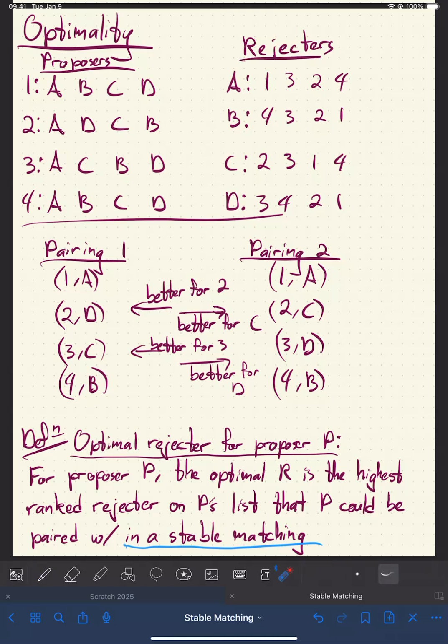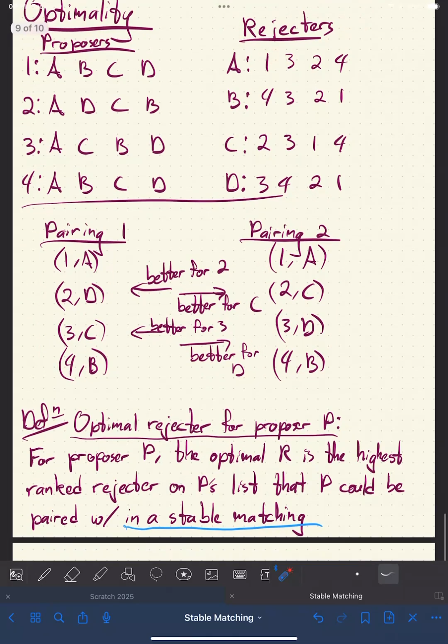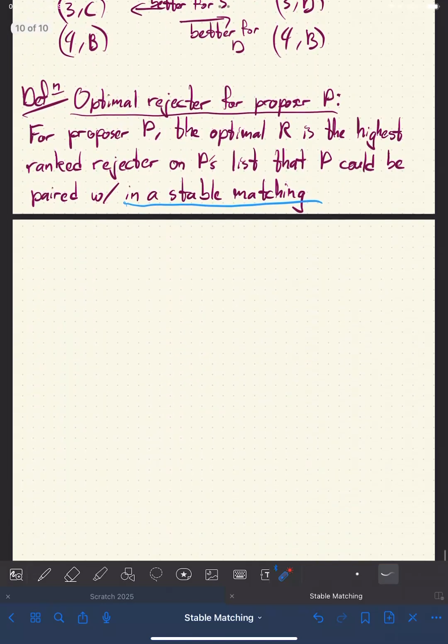If the proposers are the numbers and the rejectors are the letters, this pairing is universally better for the proposers, whereas this pairing is universally better for the rejectors. There seems to be this split across which pairings are better for proposers versus rejectors. Kind of surprising, but let's look at that.